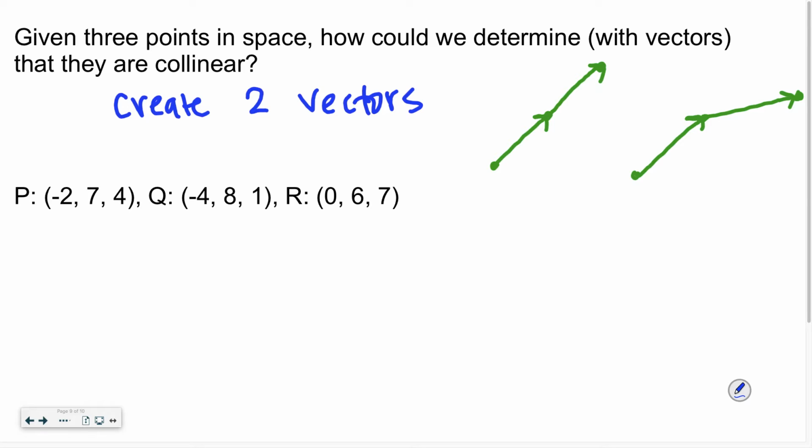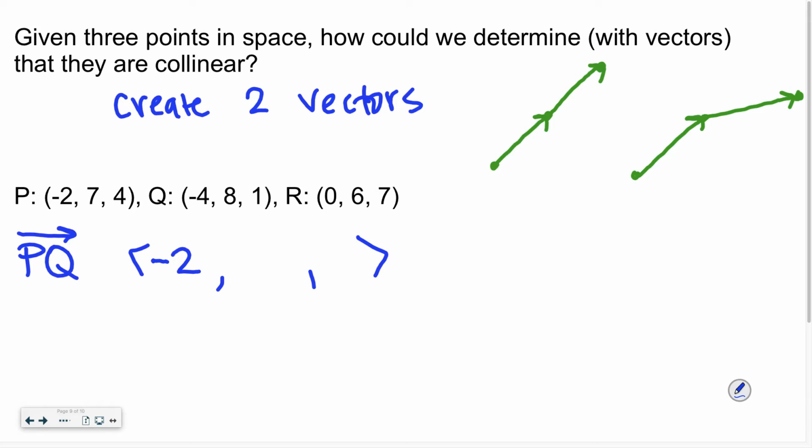Okay? So, does it matter which vectors we create? No. No, let's just make it easier on ourselves. Let's create PQ. Don't forget terminal minus initial. If we create PQ, terminal minus initial would give us -2.